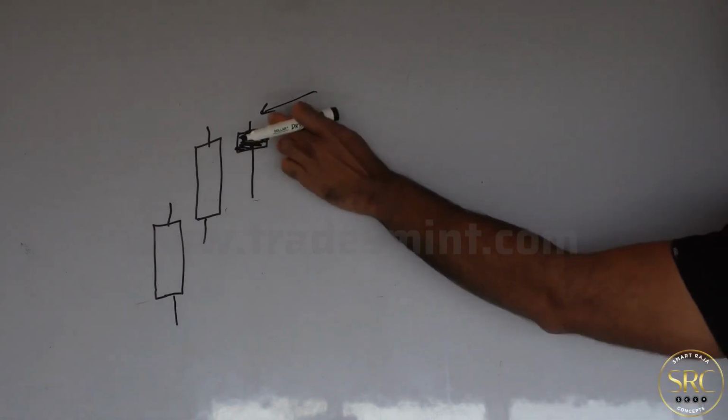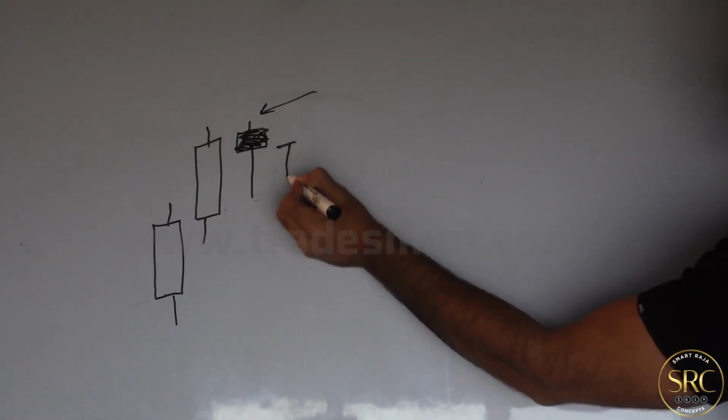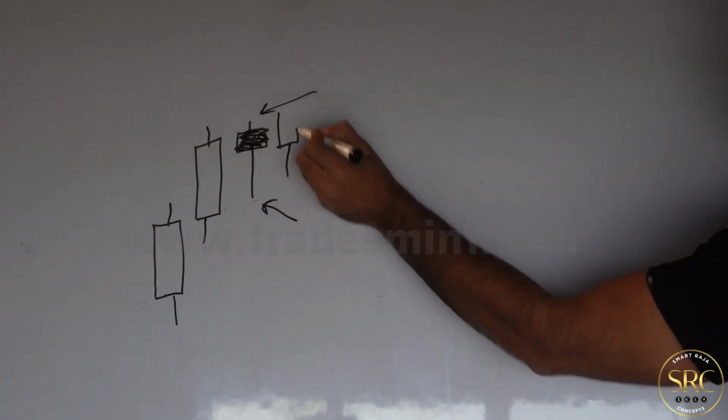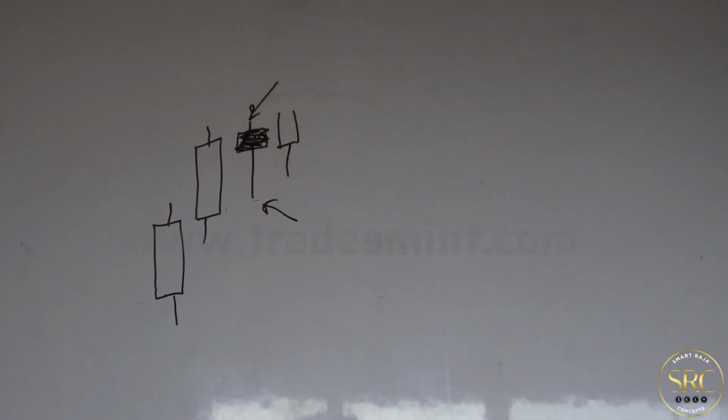If it doesn't break the high of the previous candle, and it starts to make a lower wick respecting this low, and once it starts to break the high of this bearish candle, then you can say, okay, this is a very high probability that price can continue to push up.